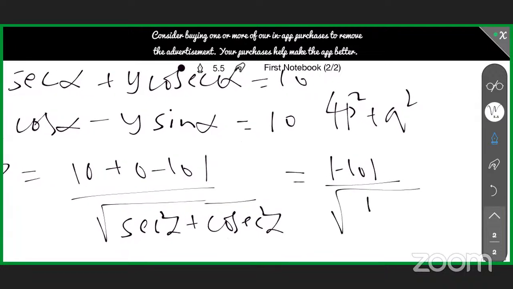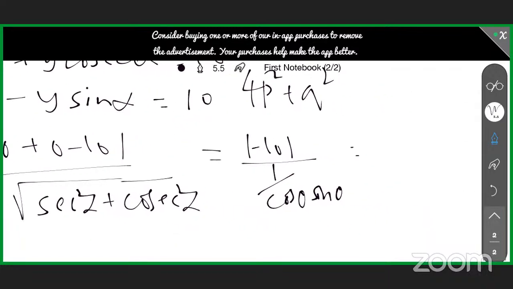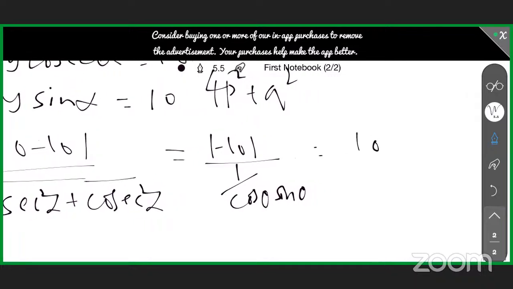We know it is 1 by cos theta sin theta. Correct now? This will be equal to 10 by 10 cos theta sin theta.